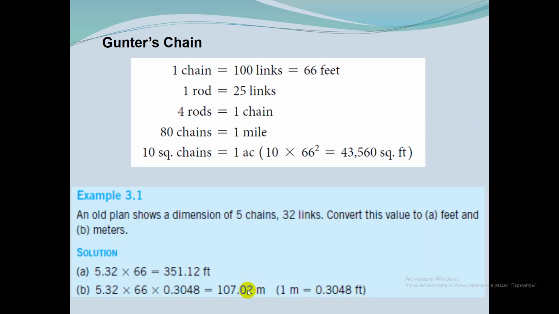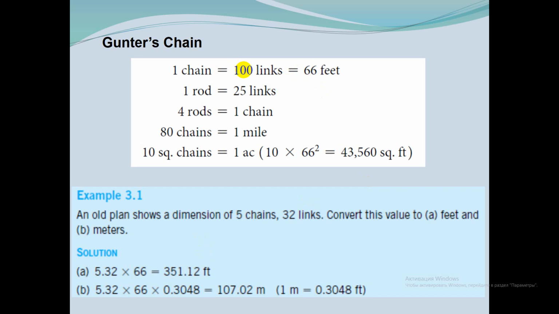The next very popular device in North America, in the 18th and 19th century, is Gunter's chain. It was 66 feet long and subdivided into 100 links.